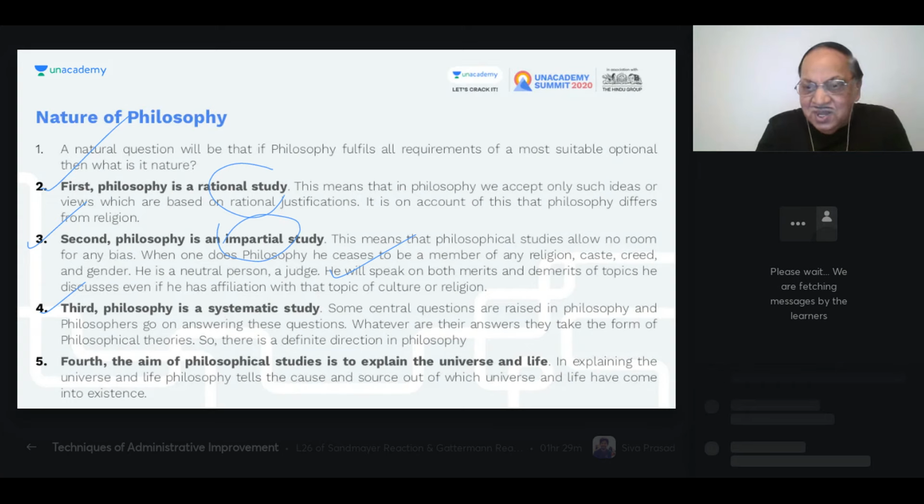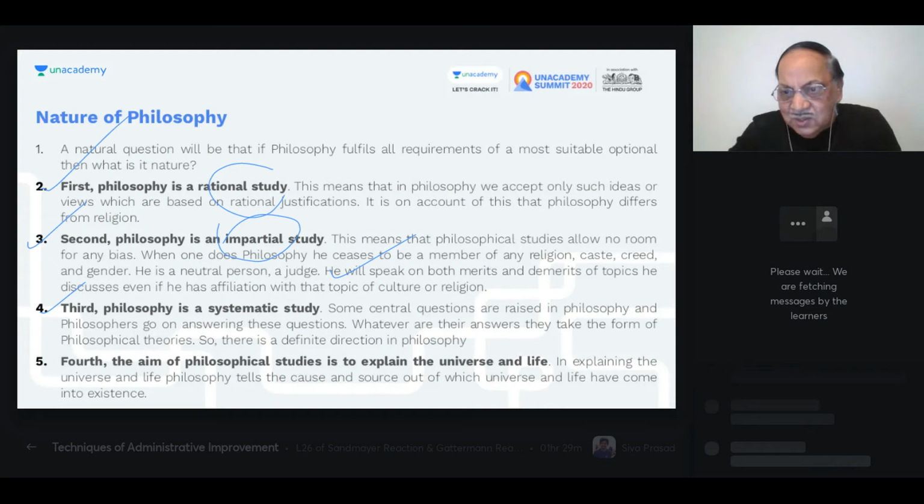Whatever their answers are, they take the form of philosophical theories, and these philosophical theories we study in the syllabus. So the point I am trying to make is that philosophy study has a direction. It is not a haphazard study. It is not a casual study.